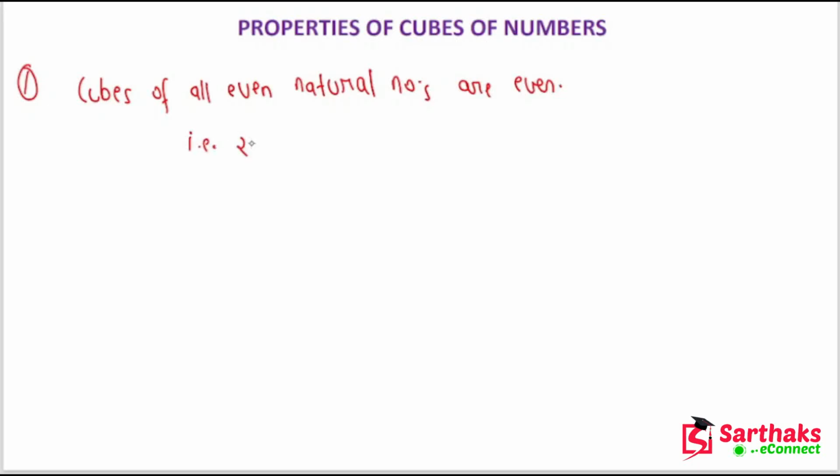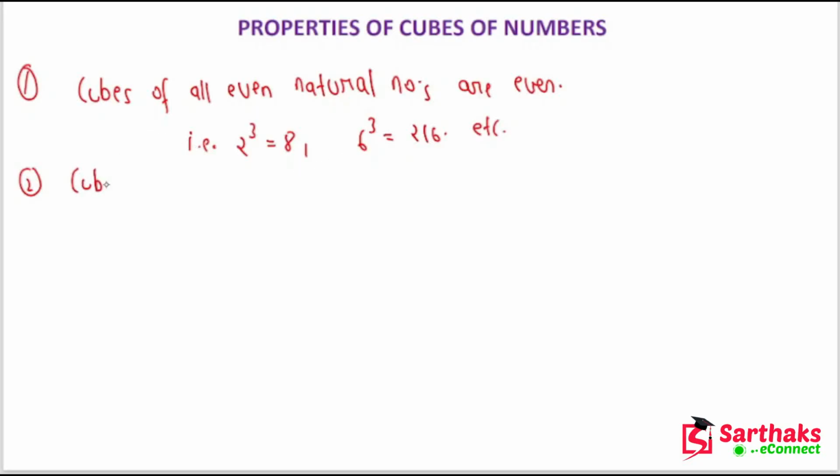That is, you can say 2 cube equals 8, and 6 cube equals 216. So they both were even numbers and their cubes are also even. That happens because when you multiply even one even number with anything, it would become even, and since here you will multiply the same number 3 times, it will obviously be an even number, right?